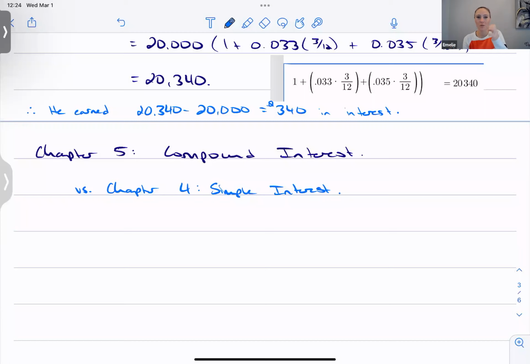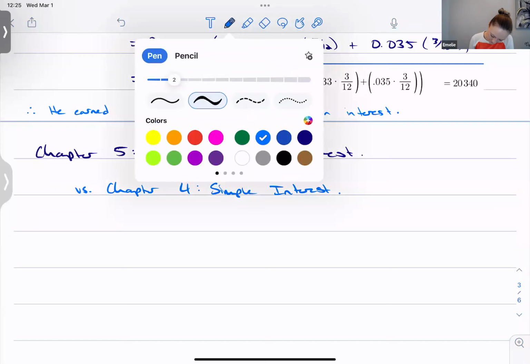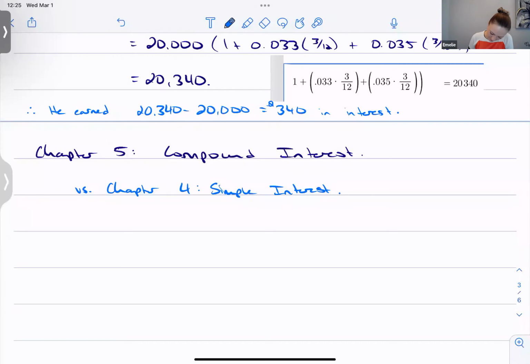So your principal amount is increasing. I think of it as a snowball, increasing at each compounding. What's really nice is you're earning money on the interest that you've already earned, instead of only earning interest on your principal amount.